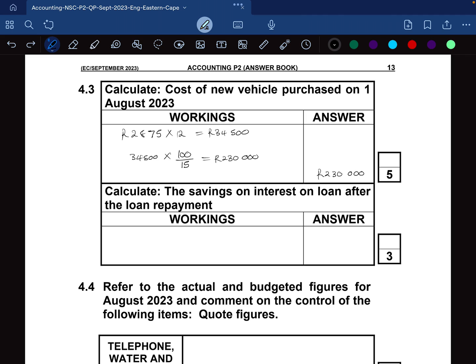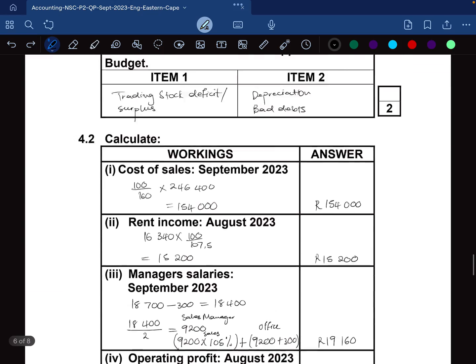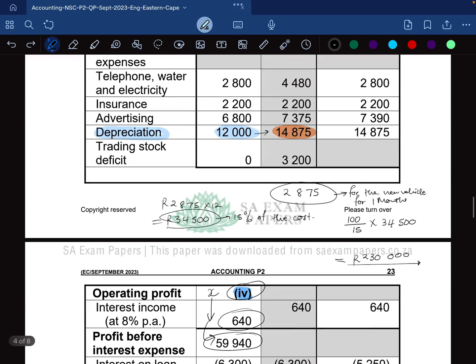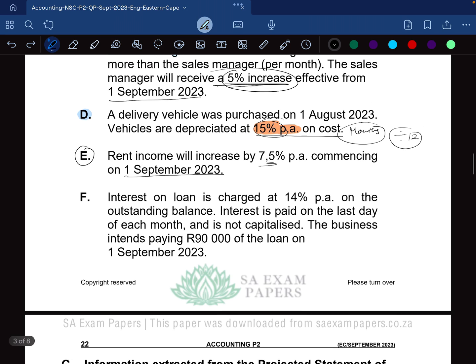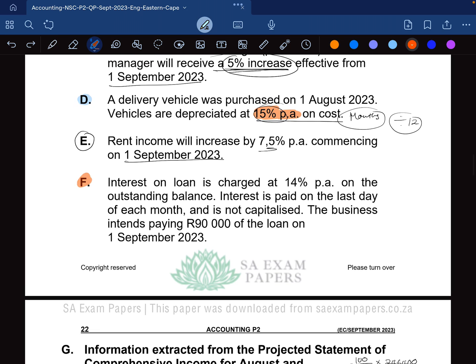Then now we are told to calculate the savings on interest on loan after the loan repayment. Okay, so let's quickly go to the loan repayment information that we're given on information F. Information F says interest on loan is charged at 14% per annum. So that's per annum, per year. All right.